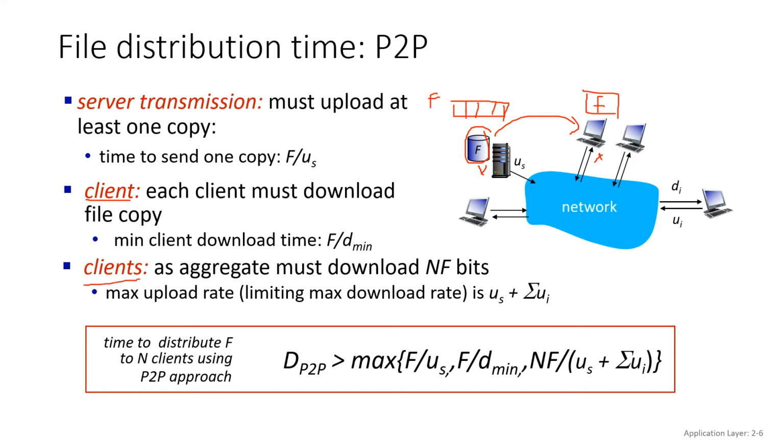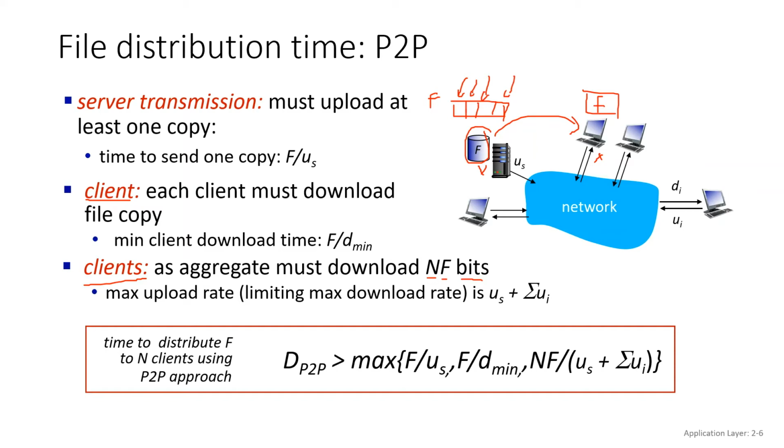Now all the clients, because remember it's a community, a community of things, they aggregate. All the clients in aggregate must download the number of file bits. Remember the way I broke down the file into different bits?